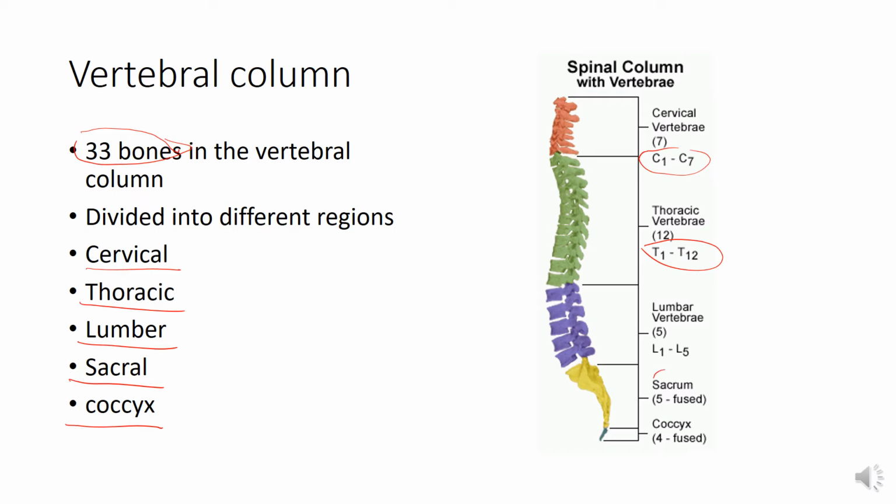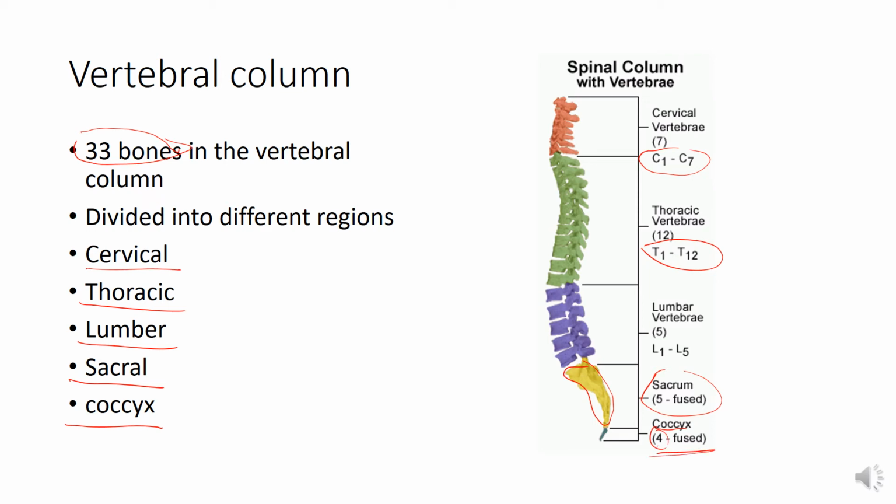But in the sacrum, 5 vertebrae are present, but they are fused. You can see here they are fused to form a single bone. And then the coccyx again 4 vertebrae, but they are fused.